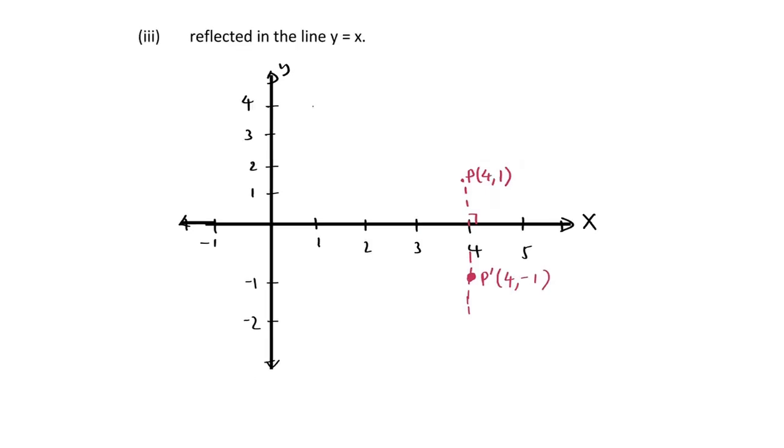For Roman 2, we are supposed to find the image of the point P (4, 1) when it is reflected in the line y equals x. Now we are going to draw y equals x. Then we draw the perpendicular line from point P crossing the line y equals x.